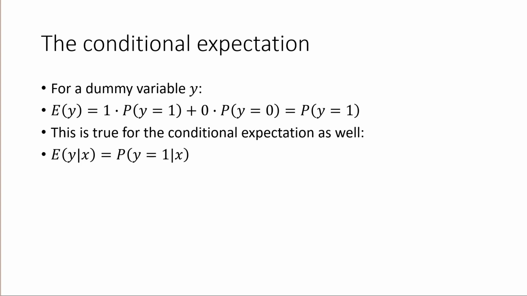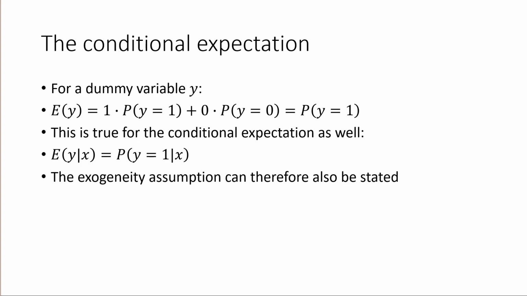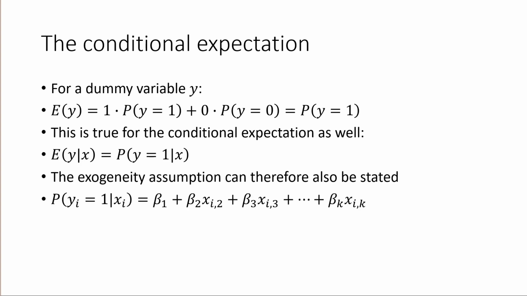Now this is important because we can express the exogeneity assumption slightly differently now. We can state the exogeneity assumption as the probability that the student passes the exam given all the x variables is equal to this linear function of the explanatory variables.